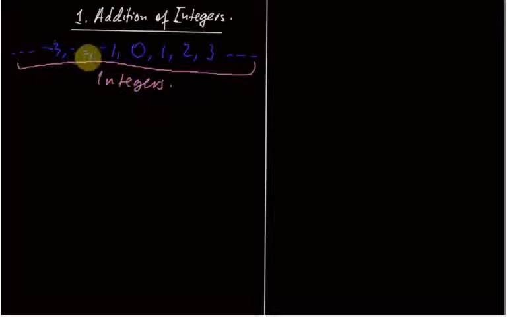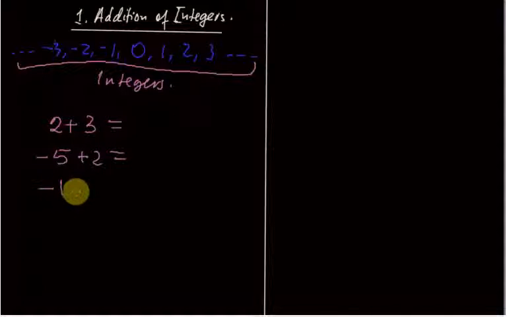Right, now we talk about addition of these numbers. It is like doing 2 plus 3. These are integers. All right, simple, isn't it? 2 plus 3, -5 plus 2. All right, -1, take away 3.